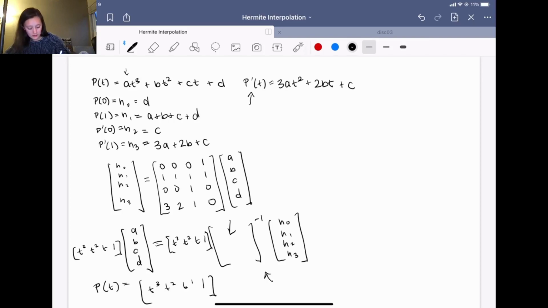And then this inverted, I already did the calculation for you, so I'll just write that down. It's 2, negative 2, 1, 1.